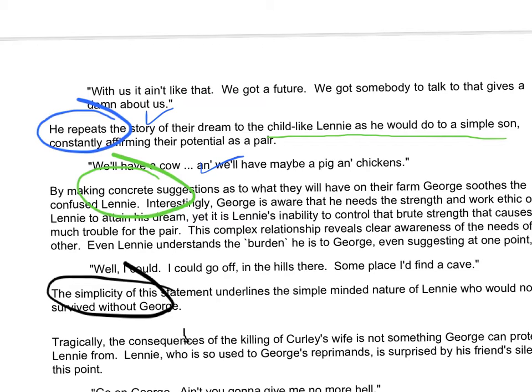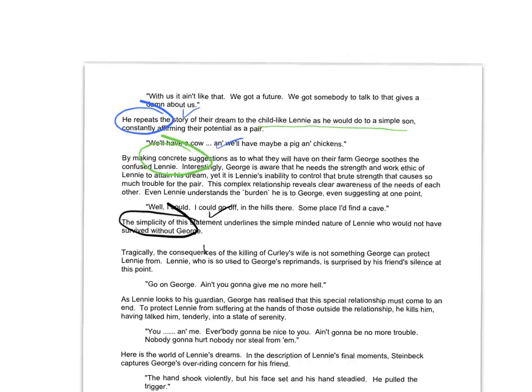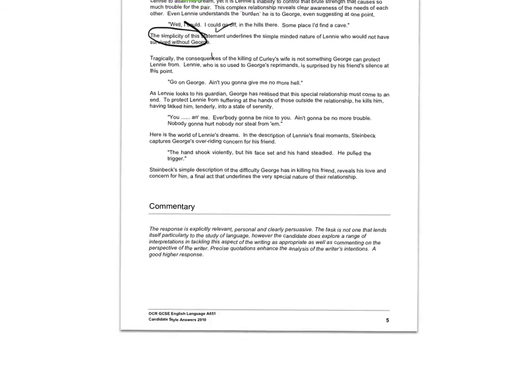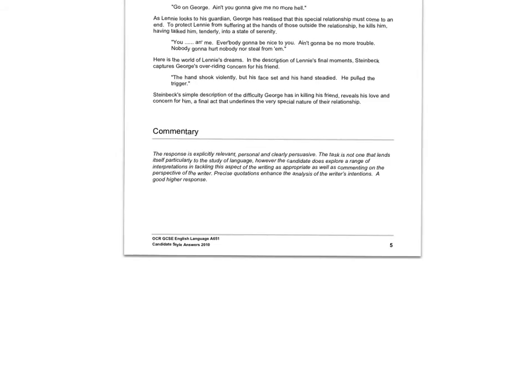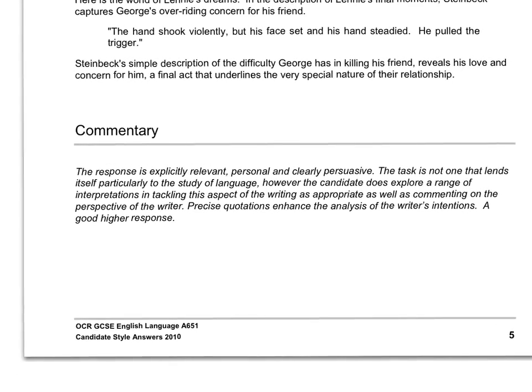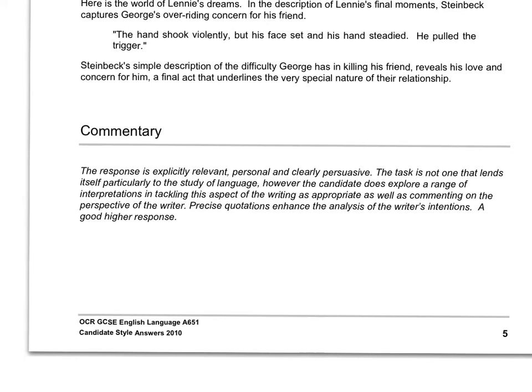So, I guess the main thing here that I want you to convey is that we need to be able to be critical of AO2. So up here, we can make sure that we're critical of what's happening.